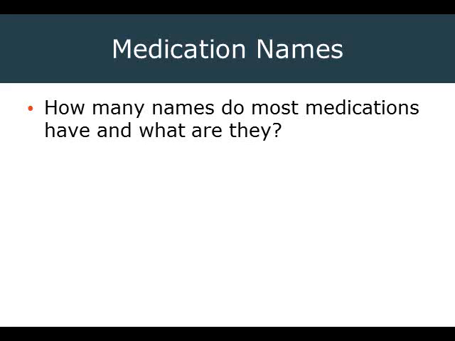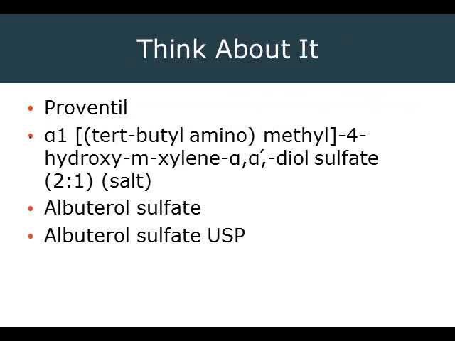And the trade name being Proventil, or Ventolin is another one. Oh, there they are right there. Alpha-1 tert butyl amino methyl 4-hydroxy M-xylene alpha prime diol sulfate 2-to-1 salt. There'll be a test on that.